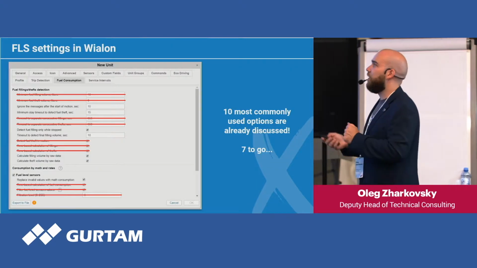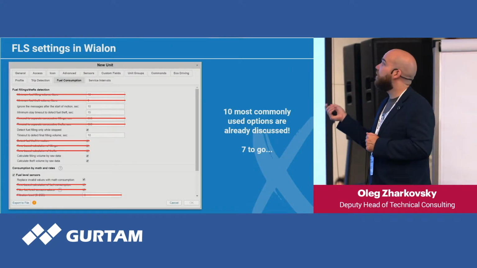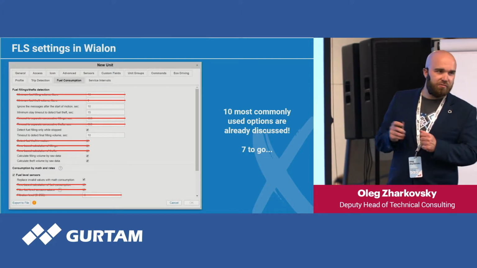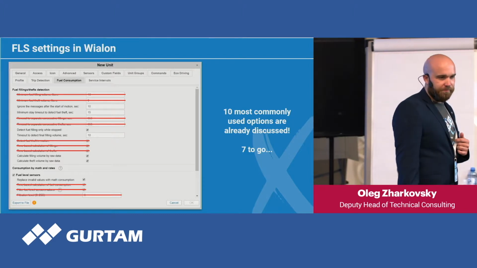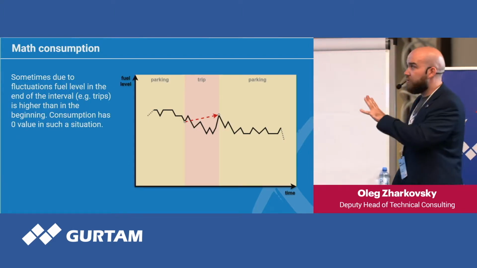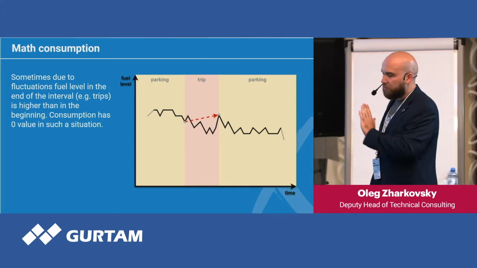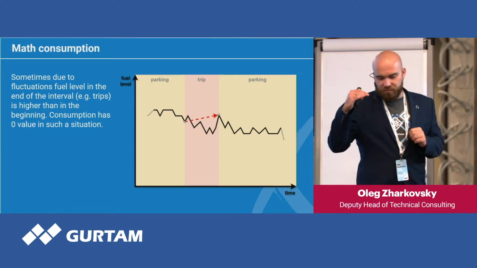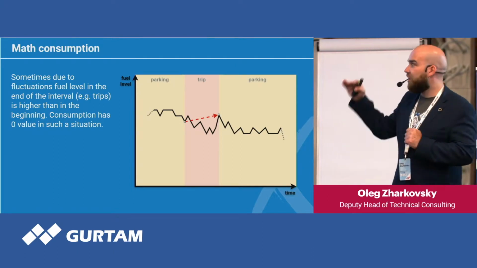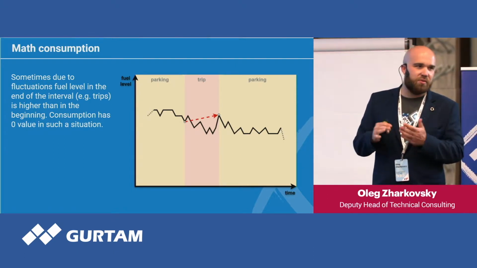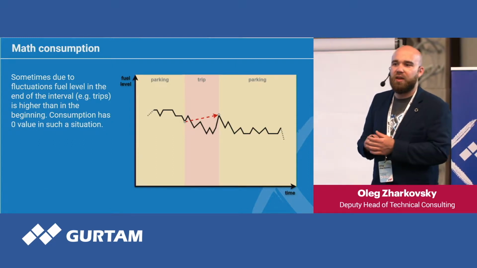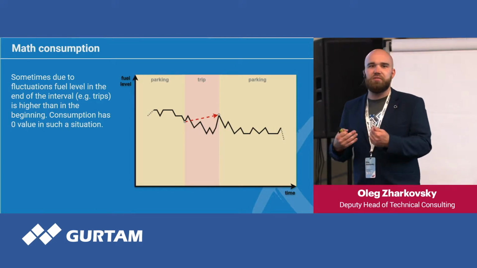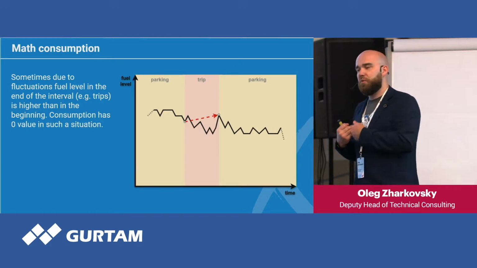So let's continue. We have passed through the 10 main options on the fuel consumption tab, but we've got some left, so let's pay attention to them. This is a real case. Sometimes, due to the fluctuations of the fuel level, the final level in the trip is higher than in the beginning. So it seems like there is some kind of error, and we can't avoid it because Wialon works with the data received from the tracker, the data received from the sensor.